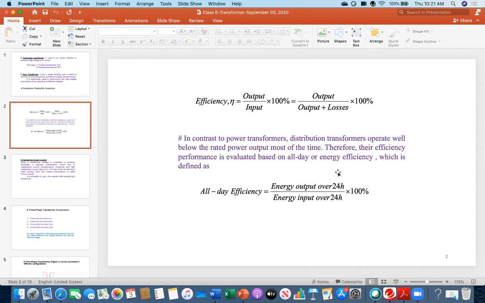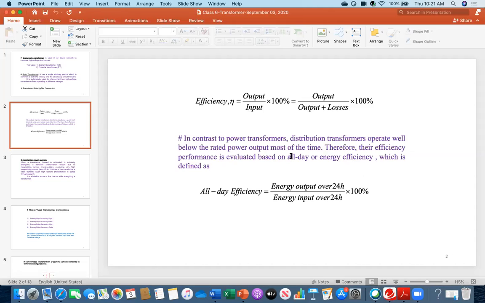So that's why customers are connected to the distribution transformer, not to the power transformer. Power transformers are placed along the high voltage line, but distribution transformers, which are pretty close to the customers, operate well below the rated power output most of the time.